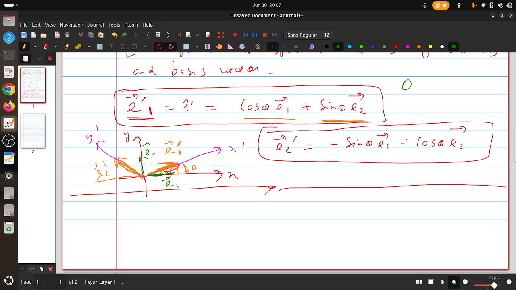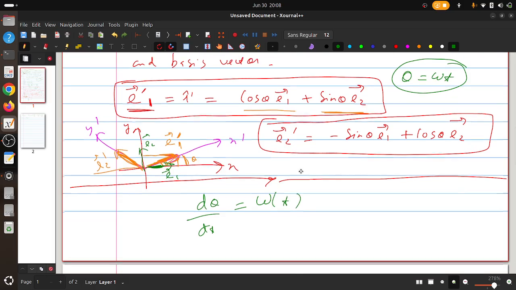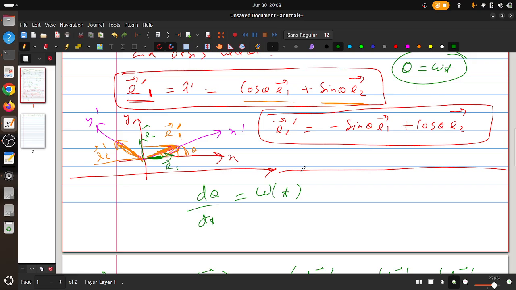But if we say that theta is equal to omega t, so theta is changing with omega. Now this omega can be a function of time, but if we took d theta over dt to be omega as a function of time, then d e1 prime by dt would be, if you observe, simply omega times e2 prime, right?